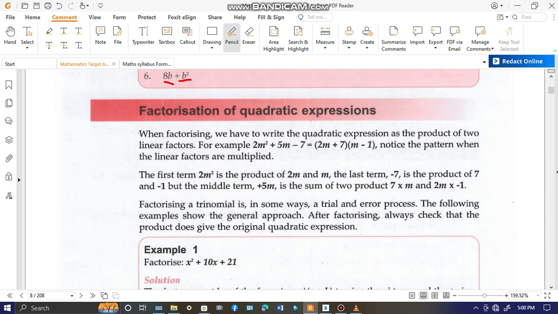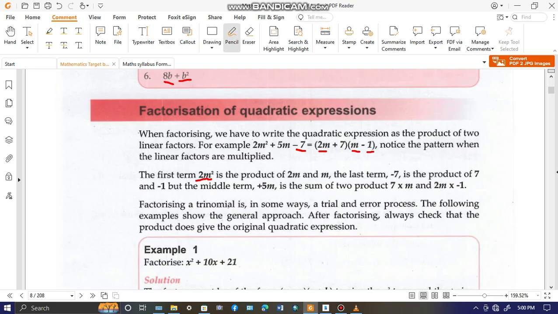The first term, 2m squared, is the product of 2m and m. If you multiply 2m times m, you get 2m squared. Then the last term, negative 7, is a product of 7 and negative 1. If you multiply 7 and negative 1, you get negative 7.